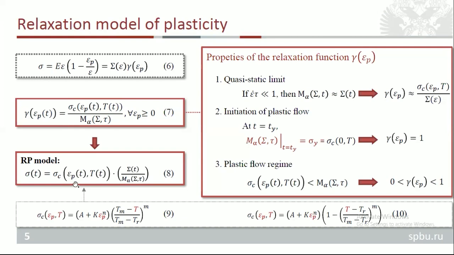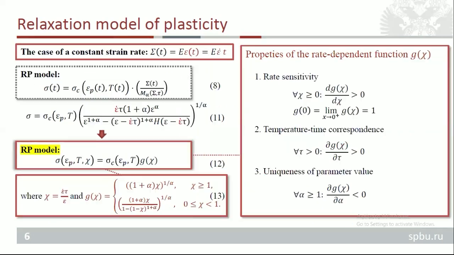The first one is rate independent, and it is supposed to describe the stress responses of materials under quasi-static loading conditions. And the second multiplier, which contains the relaxation time parameter, is responsible for the rate sensitivity of materials. For the choice of the first function sigma c, there are many other options, not just those shown in this slide.